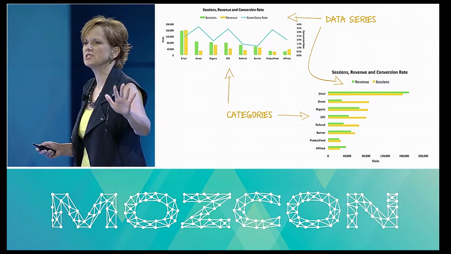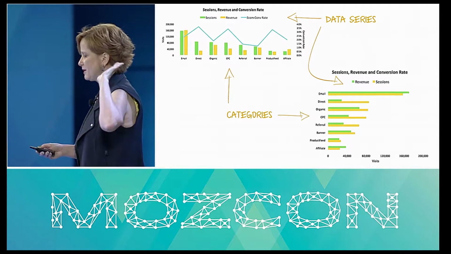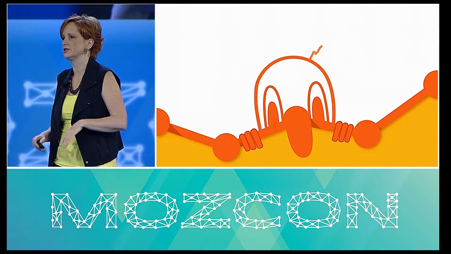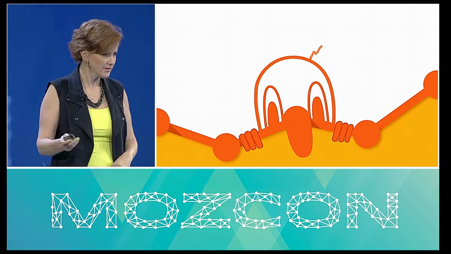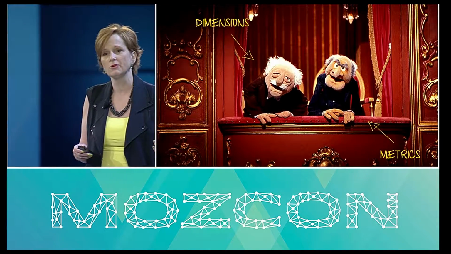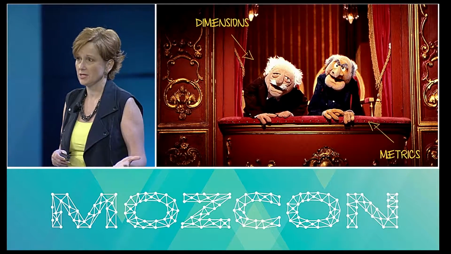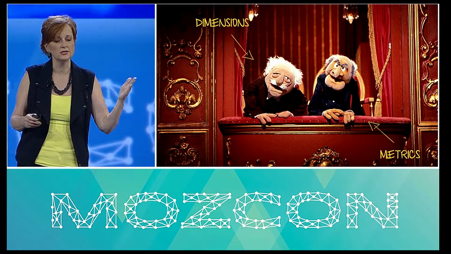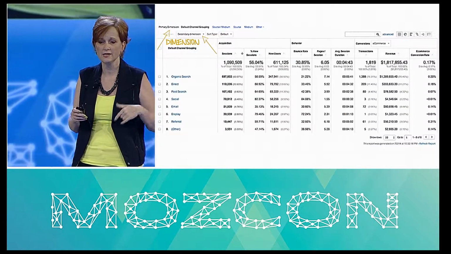Okay, so now let's just let Excel kind of simmer on the back burner for a little bit and turn our attention to Google Analytics. Yes, I'm a child. So Google Analytics also has two primary components, just like we saw with Excel, but those are called dimensions and metrics.